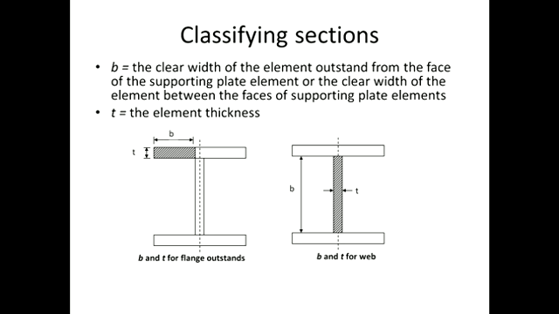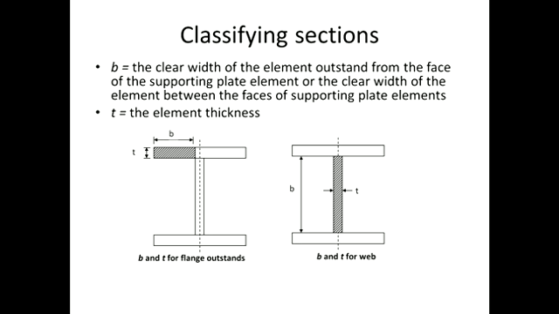So, for example, for us to determine this value of B, if we knew the width of the flange and we knew the thickness of the web, then we should be able to determine the value of B. So in other parts of the lecture notes, you'll find that when we look at different elements, we start to express the value of B based on other parts of the section.